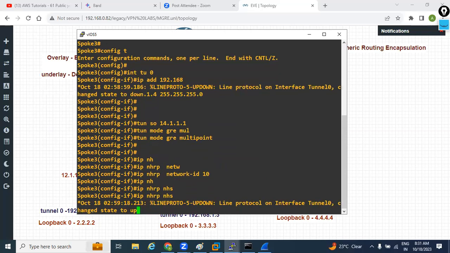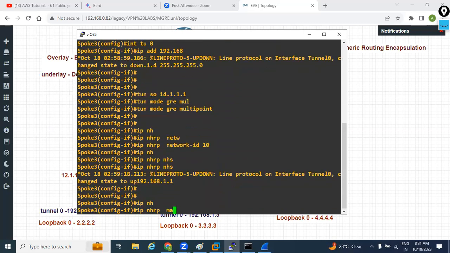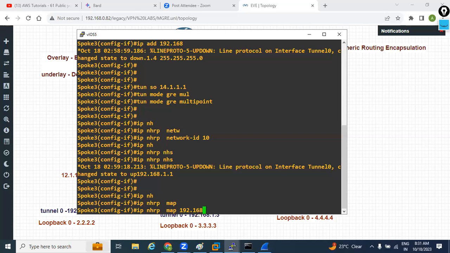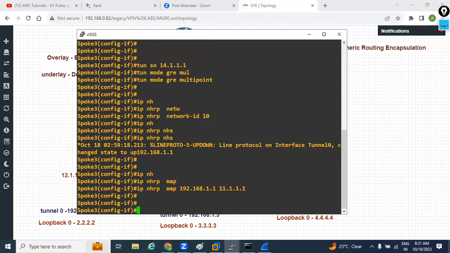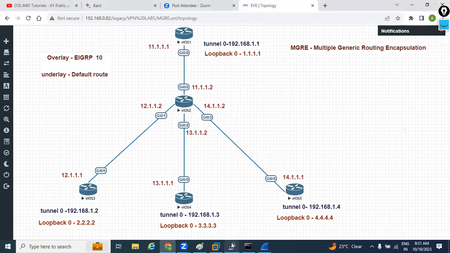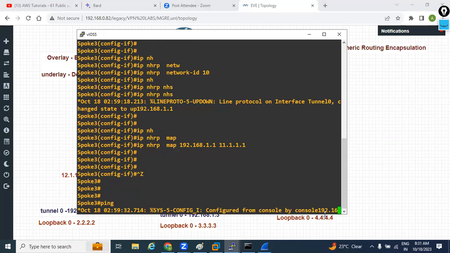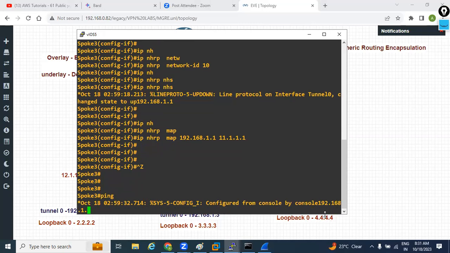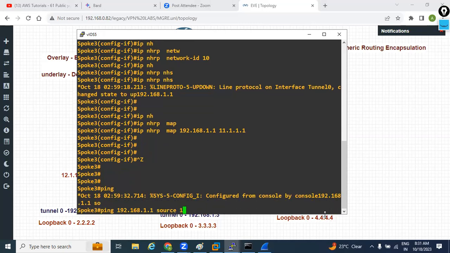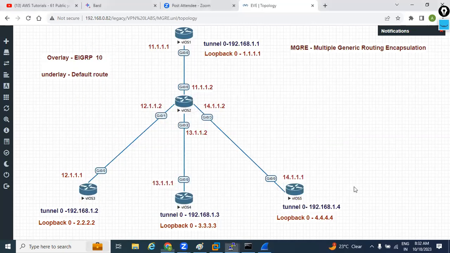NHS is what? 192.160.1.1. These commands will remain the same. And now from here, again just generate the traffic. Ping 1.1 as a source. Able to ping.